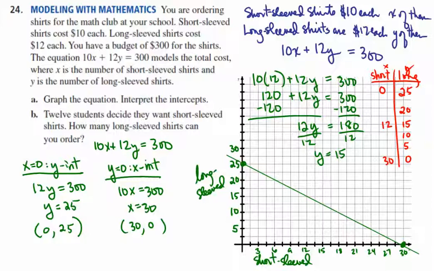Then we would need, that would be 60, and so that would leave us with 6 short sleeve shirts. So let's see whether we have that point. It looks like we have that as well. I'll circle the 12. That was the one that was given to us.